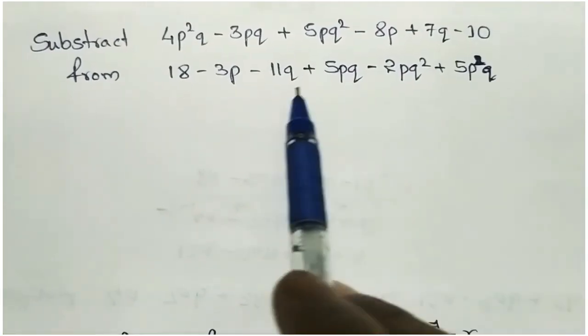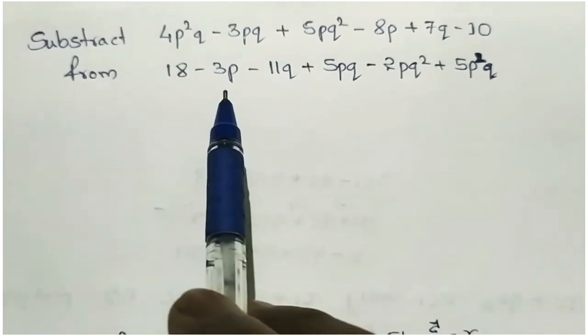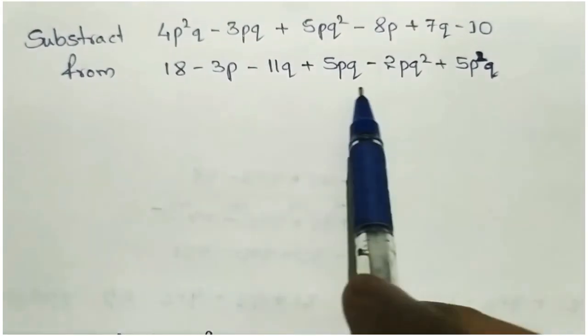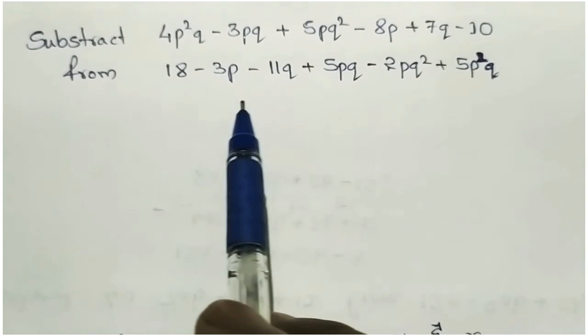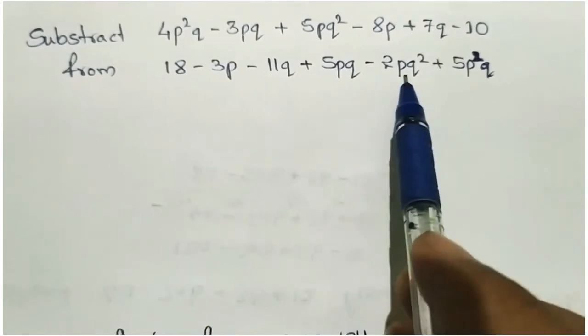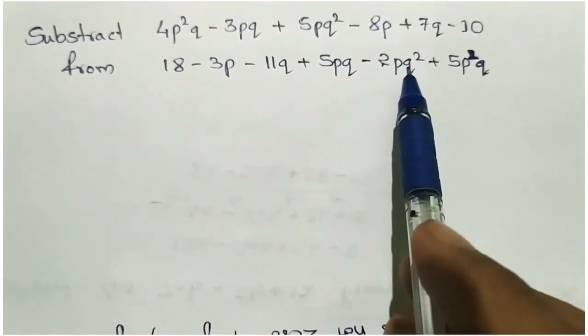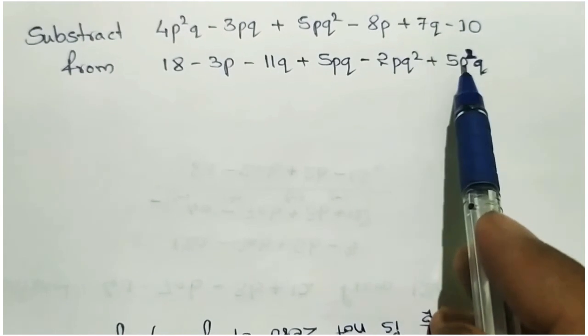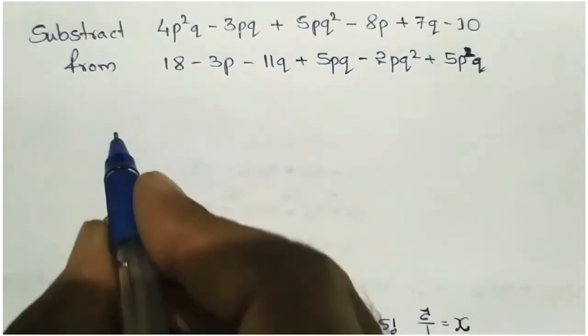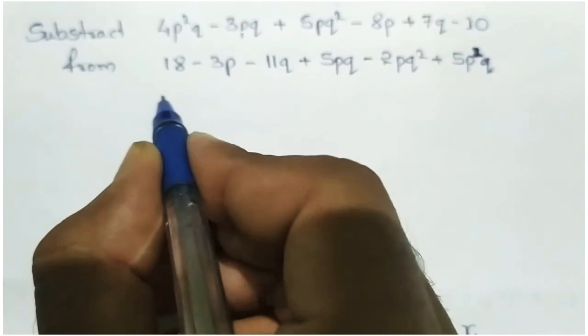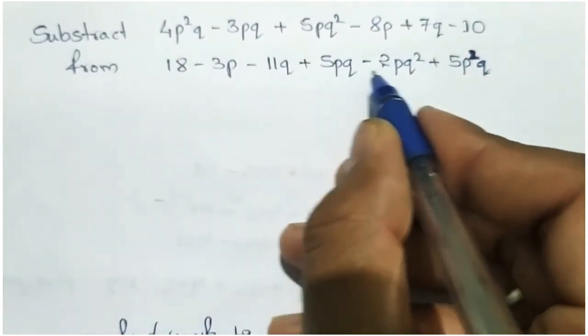Okay, how to subtract now? They are not in the standard form. What is standard form? First we have to write the highest power. Which is the highest power? pq square and 5p square q. So write them first in the 'from' expression.